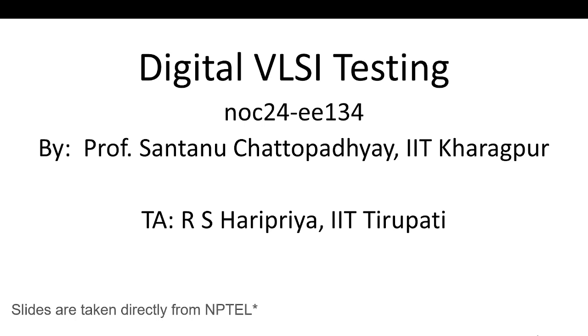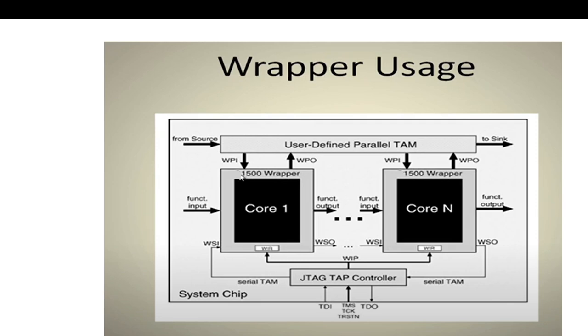So, today we will again continue with the boundary scan design. Last week, we have seen the boundary scan architecture, where the IEEE standard 1500 is used when we have multiple cores and for the system on chip.